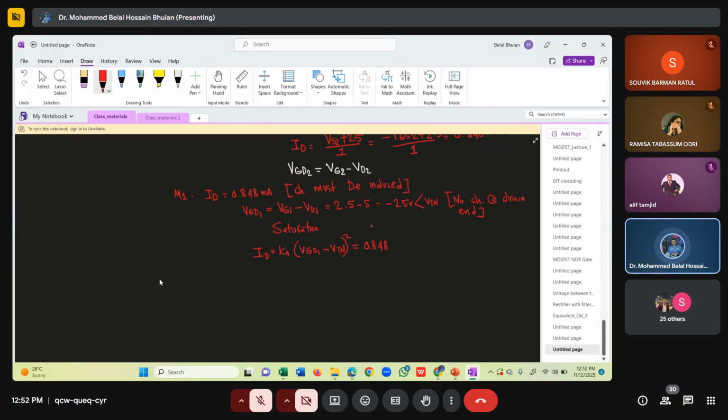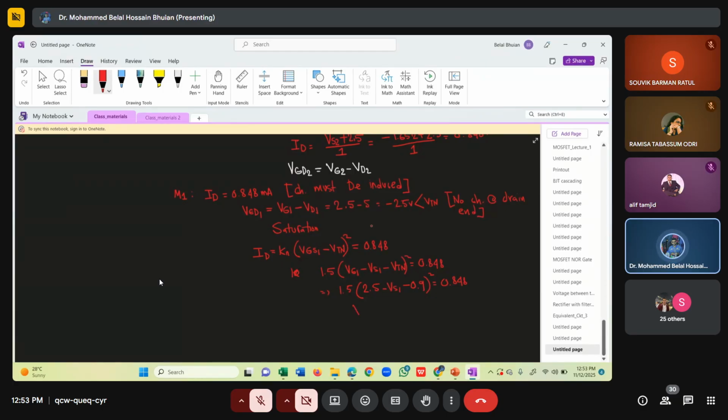After plugging the values, Kn is 1.5, VG1 minus VS1 minus VTN whole square equals 0.848, where 1.5 (2.5 minus VS1 unknown minus 0.9) whole square equals 0.848.